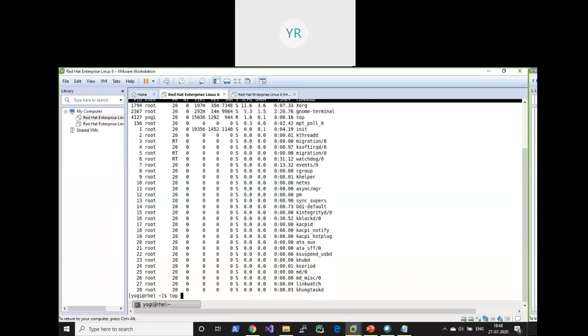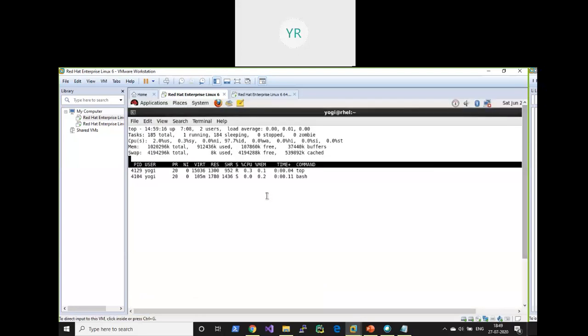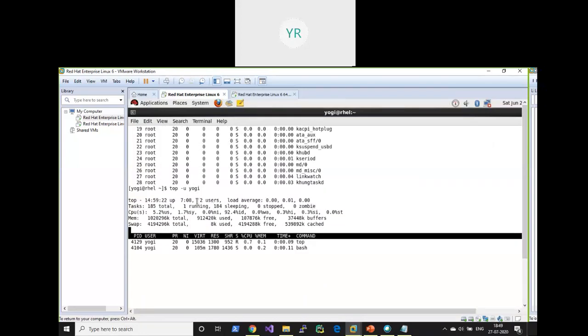Then what is the command? There is an option, top hyphen u Yogi. You will find that using the man command, where you will get all the options of the top command. Look here, top hyphen u Yogi. For the Yogi user, it is giving information about only the Yogi user. Okay, so just quit.